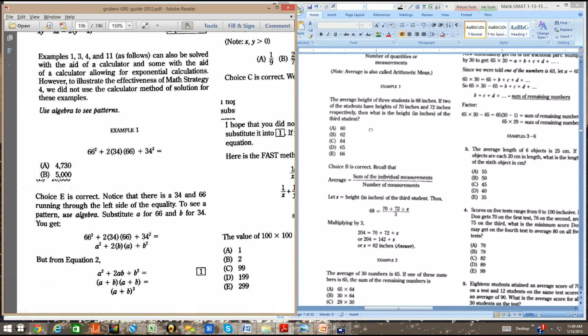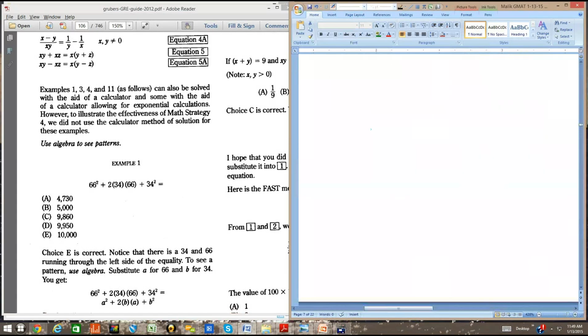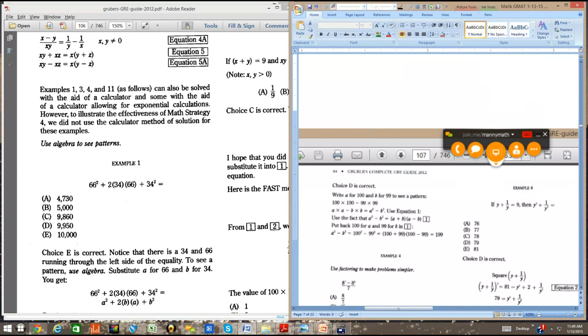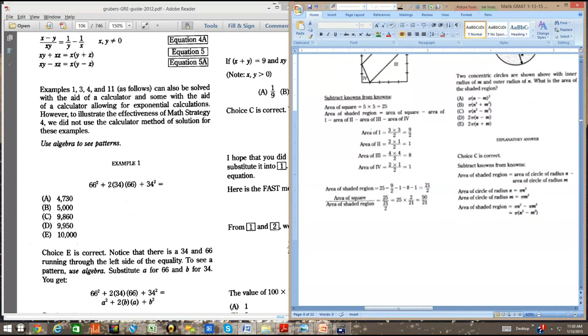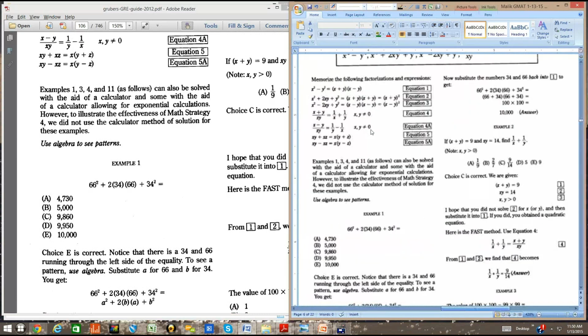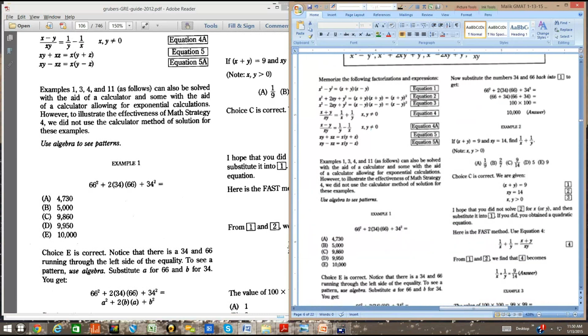Okay, a couple of basic algebra formulas that are worth memorizing. Not all of them. You need to know x squared minus y squared is x plus y times x minus y. This is one very important one.